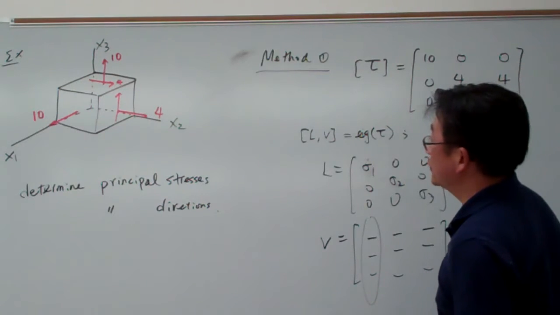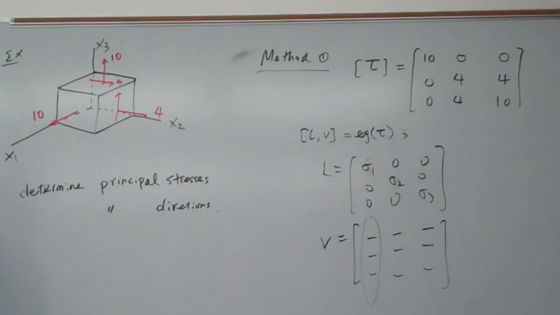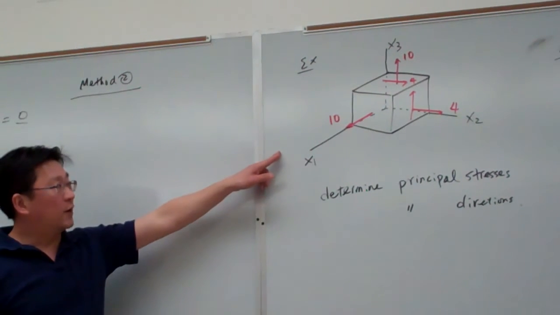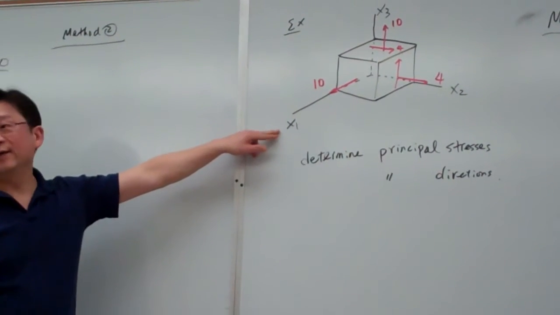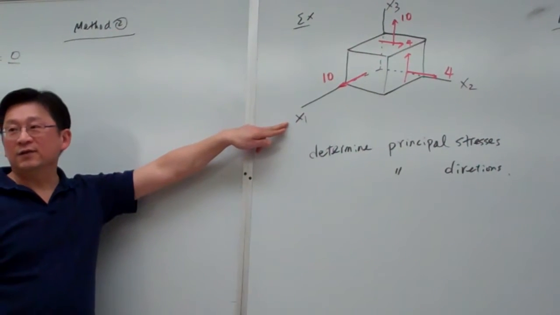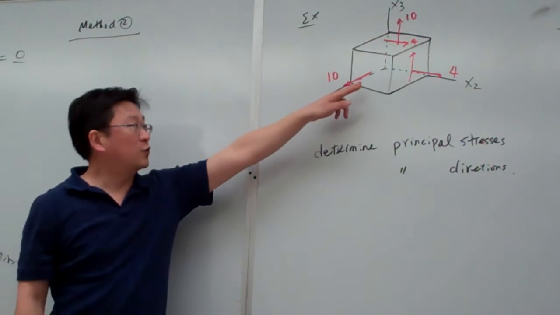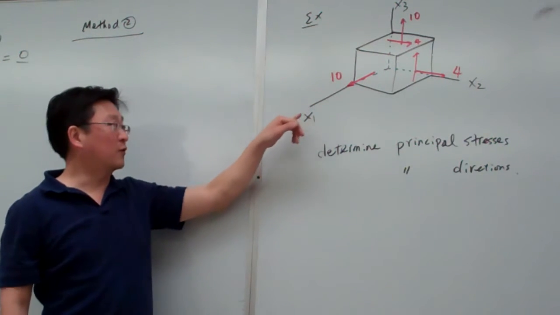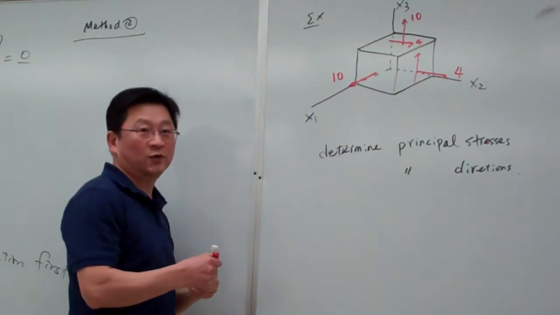The second approach is using Mohr circles, and how could we do this one? For this question, you can see in the x1 plane, they only have normal stress, no shear stress. So this already is one of the principal directions.